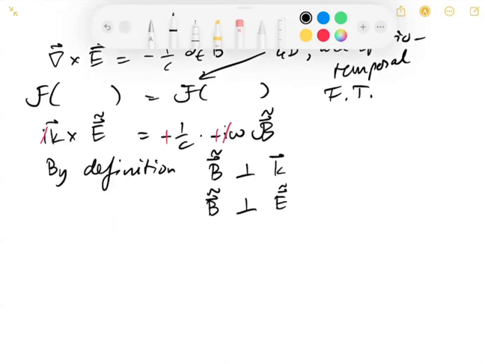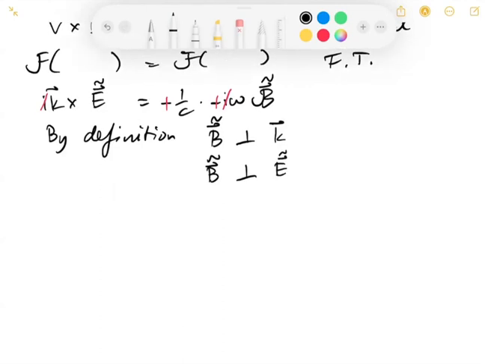Now we just need to translate this to real space. Are we allowed to remove those tildes over those fields and this thing would still be true? Well, we are, because when we say that B is perpendicular to E, what we really mean is that B dotted with E is identically zero.